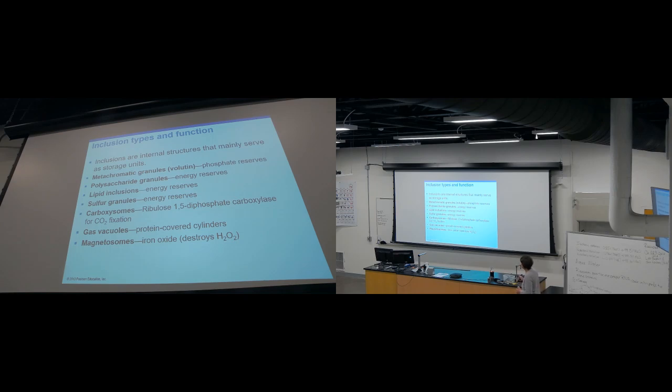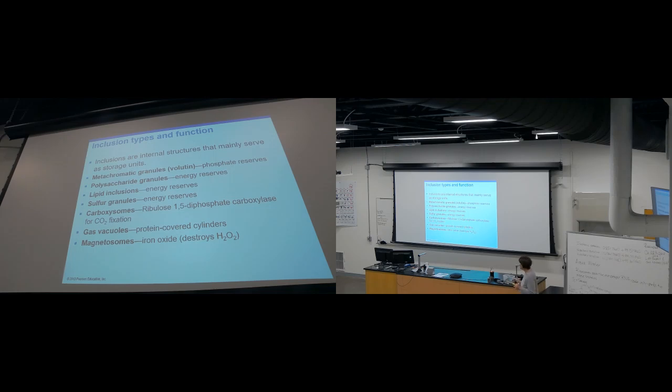You can have lipids, called lipid inclusions. You can have sulfur, and you call it sulfur granules. And then you can have some that have an enzyme that helps for obtaining CO2 and fixing it. This is called carboxysomes, and the enzyme that they have is ribulose 1,5-diphosphate carboxylase.